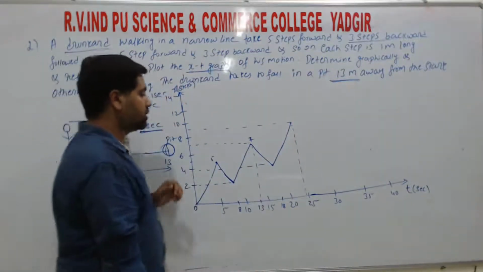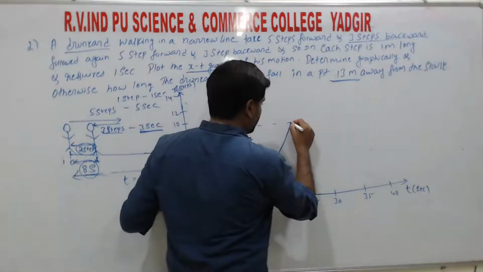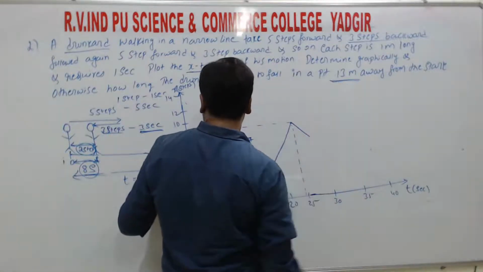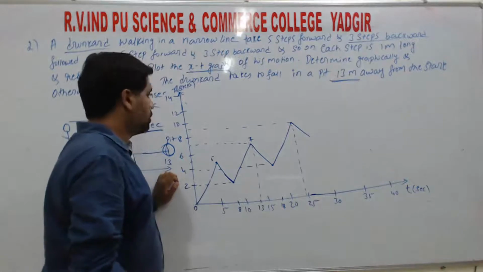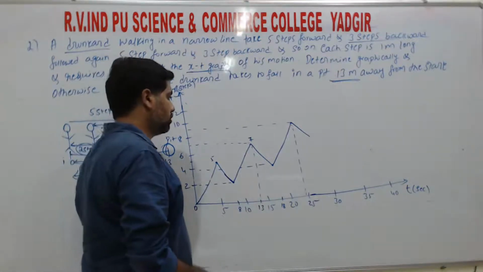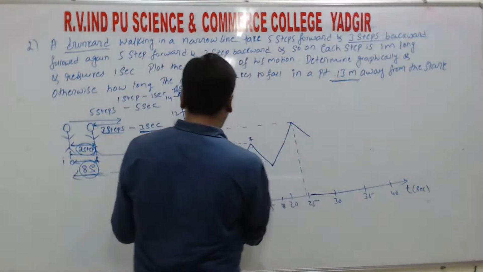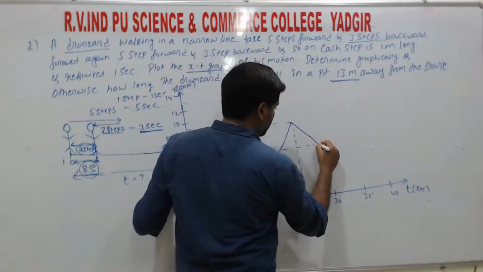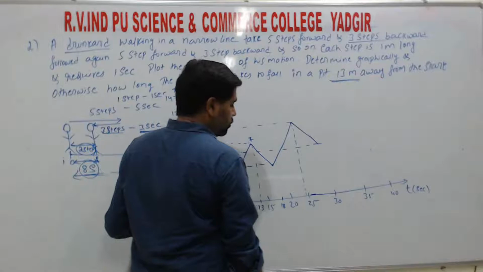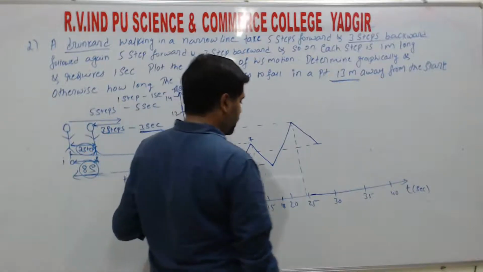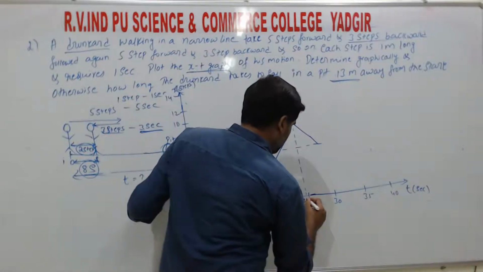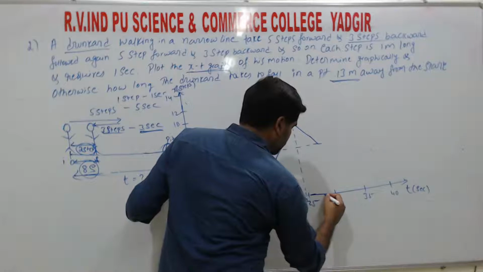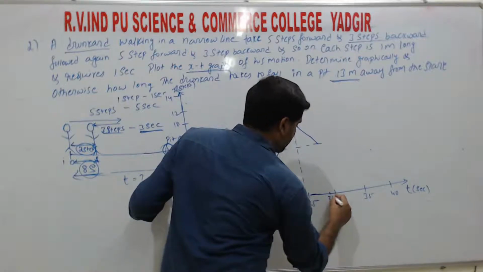Right. So next, again 3 steps back: 9 minus 3, 6. Here, 6. Right. So 23 plus 5, 28.